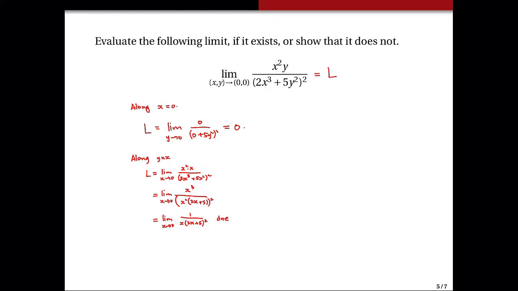So here the limit does not exist, which is a very good one. Therefore, the limit does not exist. Questions?